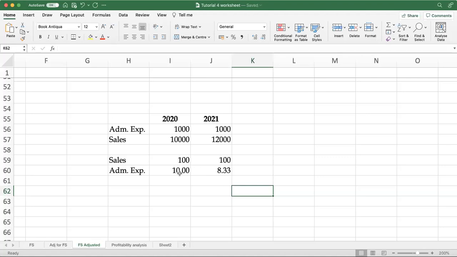Now you see, administrative expense proportion relative to sales declined. So that happens when administrative expenses are fixed cost. You know, fixed cost is almost the same whether sales increase or decrease.